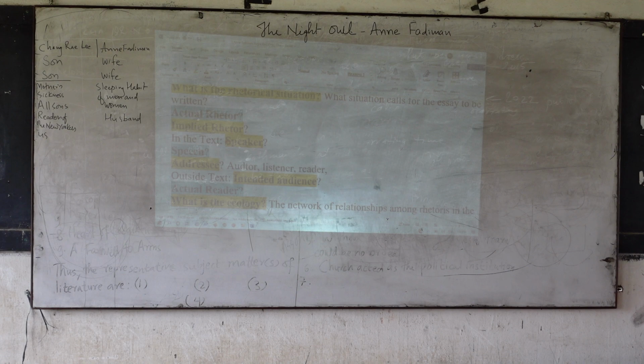Why does she need to tell all these things about her unusual sleeping habit? What is the symbol or metaphor that she uses to talk about herself? Owl. She calls herself owl.